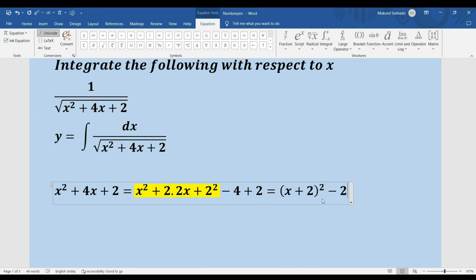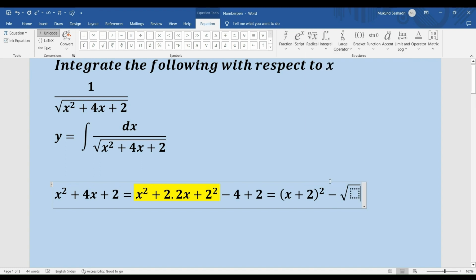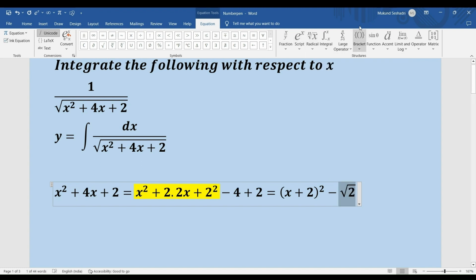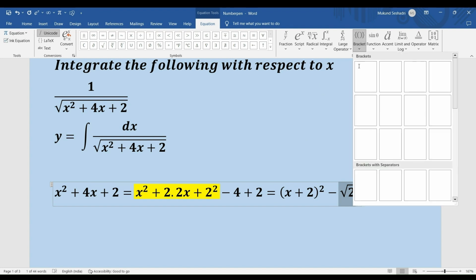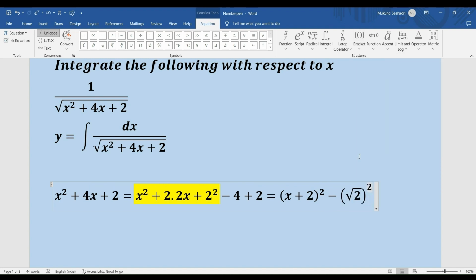Again, like I mentioned earlier, in any integration of this type with a quadratic expression, try to express it in the format x plus or minus a the whole square plus or minus b square, right? So here you have x plus 2 the whole square minus 2. So I'm going to rewrite my minus 2 as root 2 the whole square. So we have this expression as x plus 2 the whole square minus root 2 the whole square. So that's the quadratic expression in the format that's going to help us solve this particular problem.